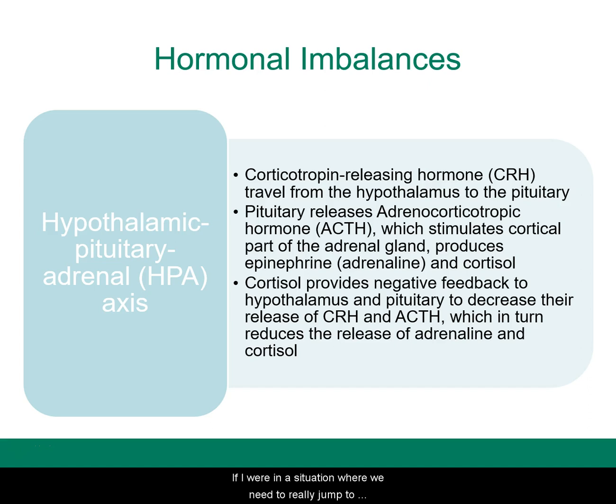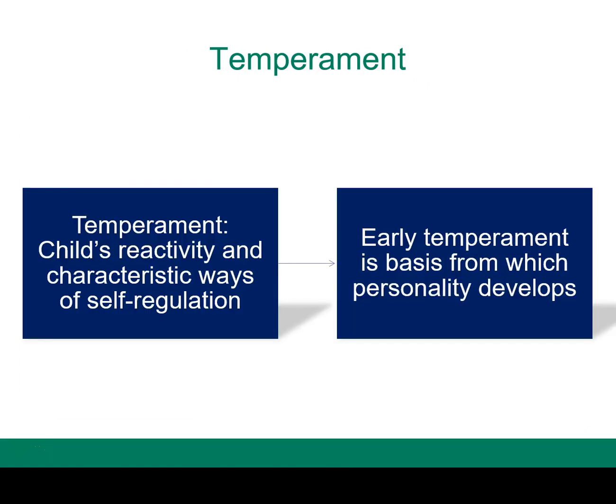If we're in a situation where we need to really jump to action, then cortisol is good. It helps us metabolize glucose and get us activated and that kind of thing. And so in the short run, it's very good. But if in the long run, with long-term stress, the cortisol levels remain high, then that becomes very, very negative for us. So it's really the cortisol that you want to focus on.